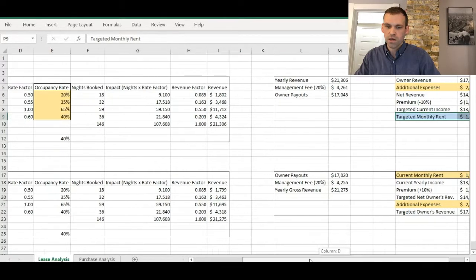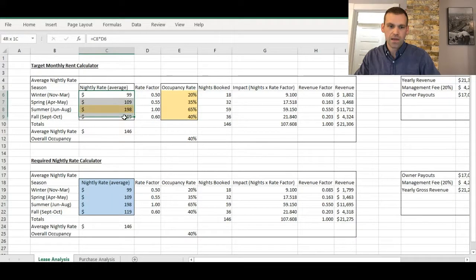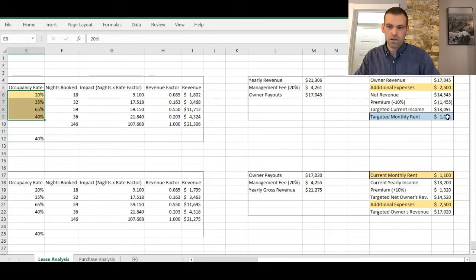So in other words, if I see a property that I think I can do this with, this calculator is telling me how much rent, or a target number for me, for current rent, for a traditional long-term rental. If that property is currently asking $1,100, I'm in pretty good shape.